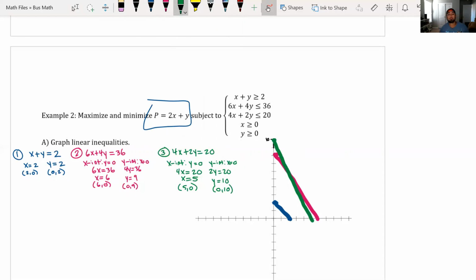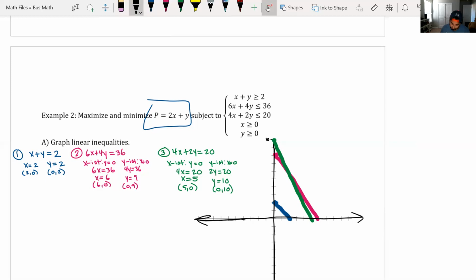All right. Perfect. So now let's go ahead and shade. Well, hang on. Let me put in those non-negative restrictions, right? So I can do that with this tool. All right, good.